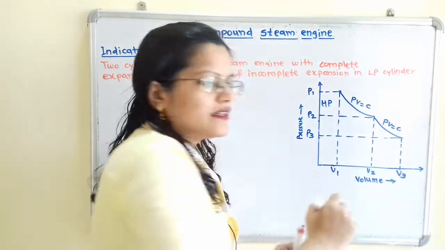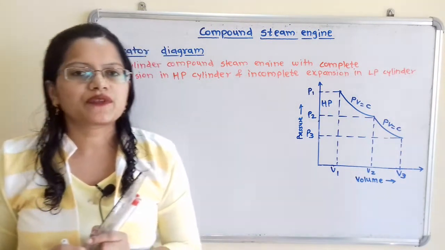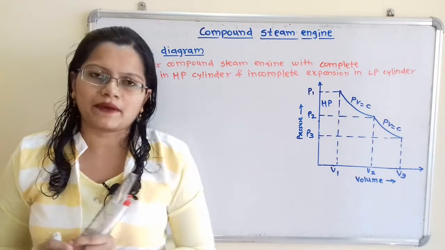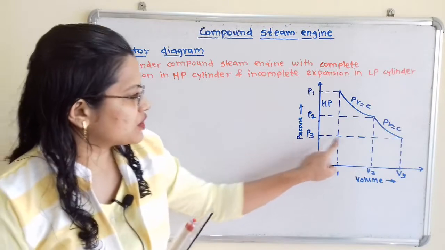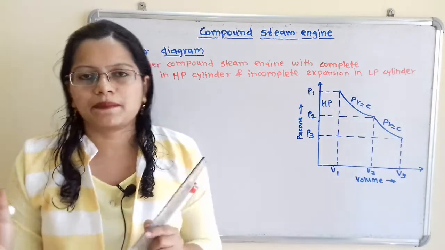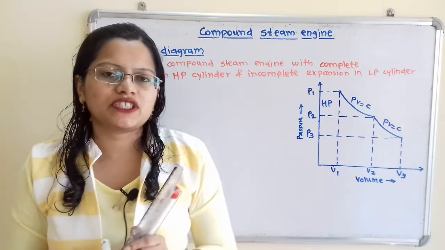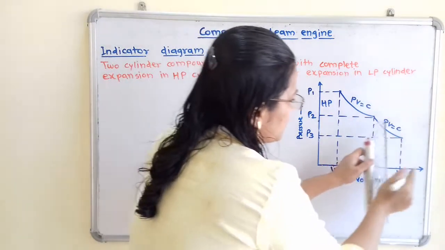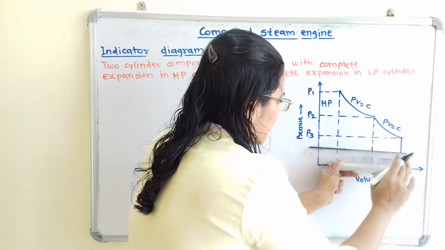But we know that after low pressure cylinder steam enters into the condenser. So that is the condenser pressure, or we can say back pressure. Now if we observe this diagram, here pressure is P3, but the final pressure, that is the back pressure, that we have to show. So at the same volume pressure is getting decreased, that is volume remains constant. So volume is V3 and then there is the back pressure that we have to show.